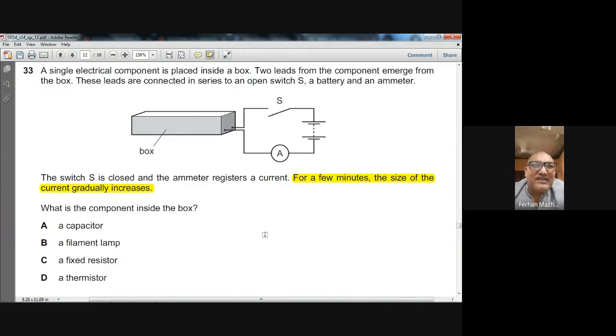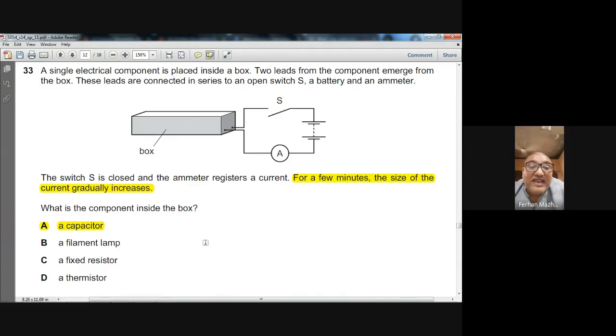What is the component inside the box? A capacitor. If you put a capacitor, the current will gradually decrease. At the start, the current will be far larger, but gradually it will decrease. A filament lamp, also the current will gradually decrease. A fixed resistor, if you put a fixed resistor, the current will not change at all.